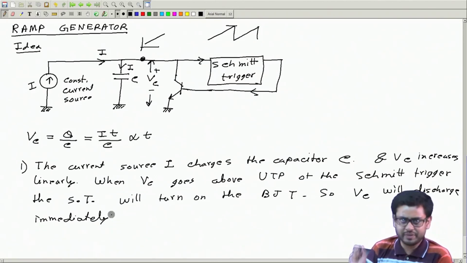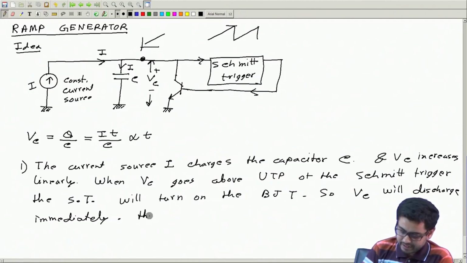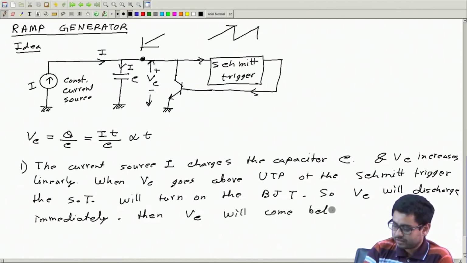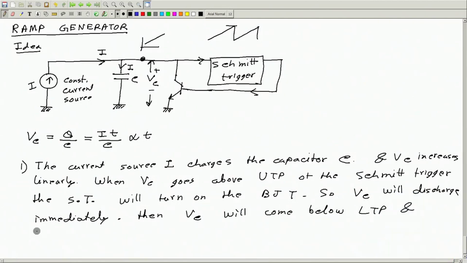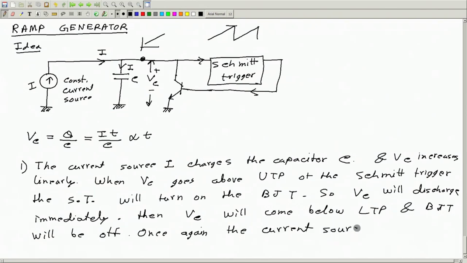So it will discharge immediately, fine, and then V_C will come below the lower trigger point and the BJT will be off. Once again, the current source will start charging the capacitor. This is the idea.